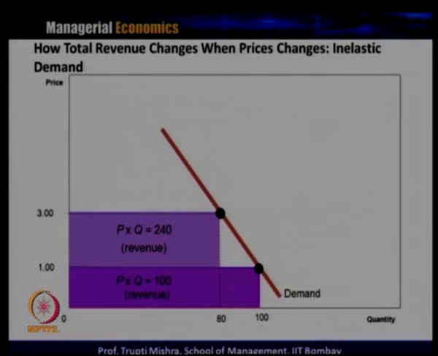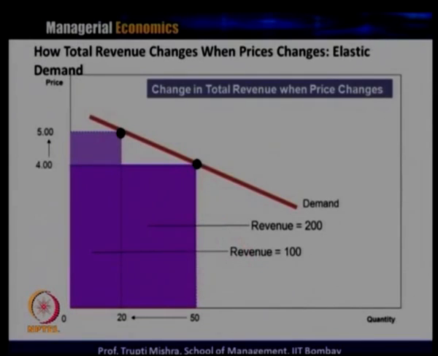That leads to the revenue which is equal to 240 rupees, because price is 3 rupees and quantity demanded is 80 units. So, in the case of inelastic demand, revenue is more, because even if there is an increase in the price, there is no big decrease in the quantity demanded.